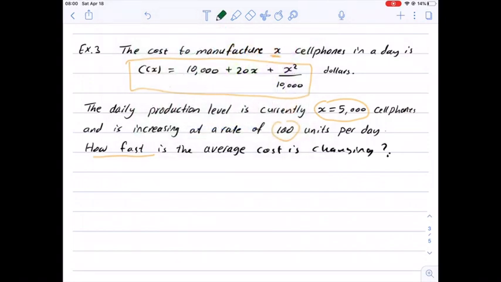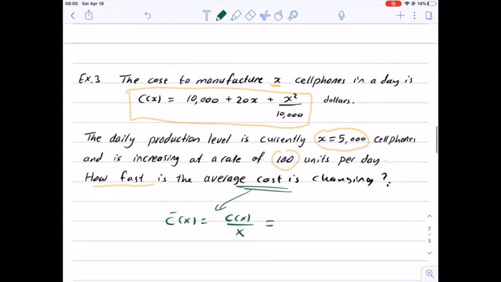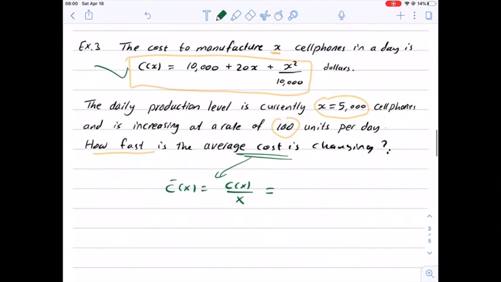Now we need to find the derivative of the average cost, because this is the objective function. The average cost, we need to find it first. It's C of x, the total cost, over x. So we need to divide C of x by x. We get 10,000 over x plus 20 plus x over 10,000.